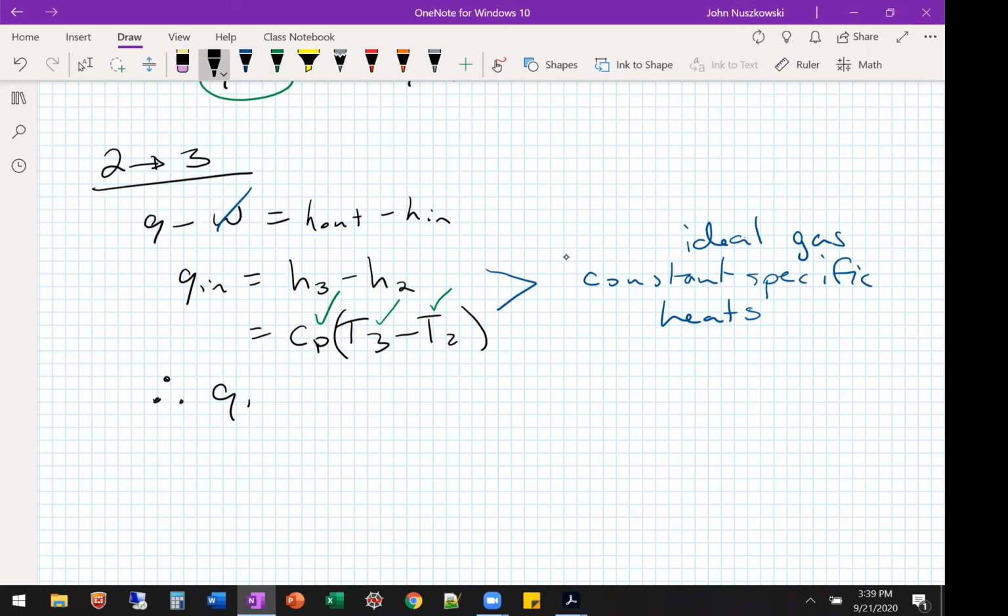So then we have our heat in, which is 295.4 kilojoules per kilogram.